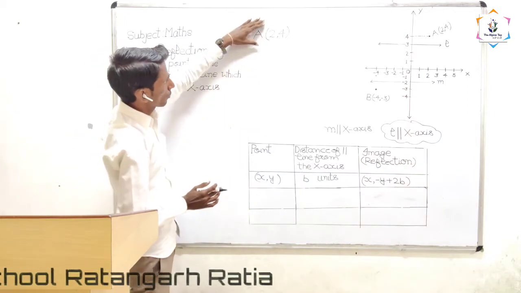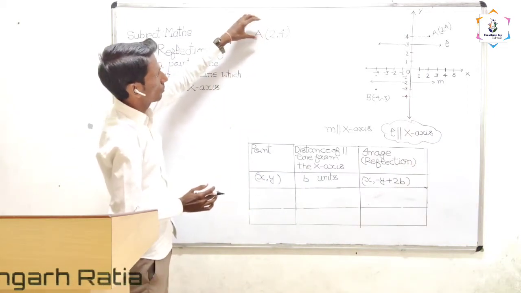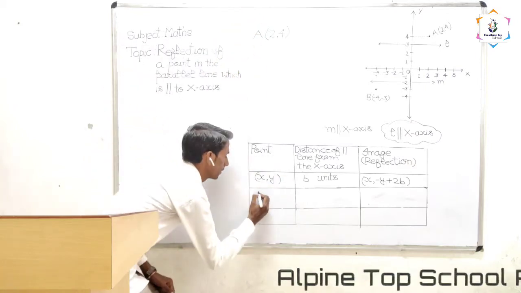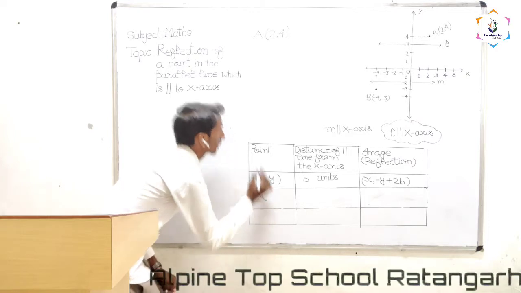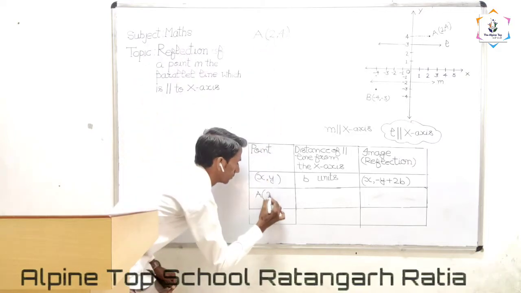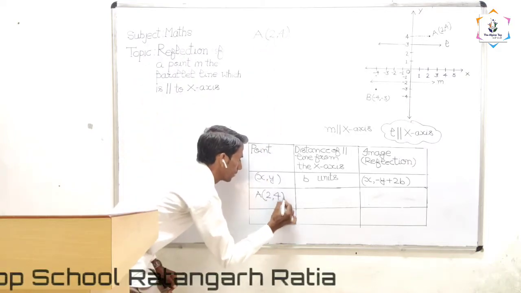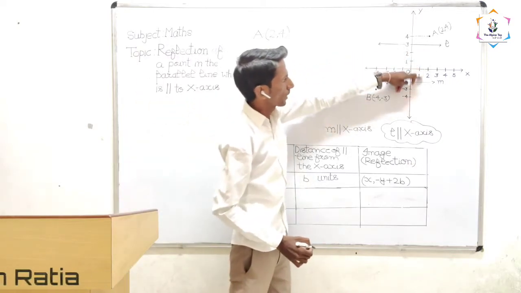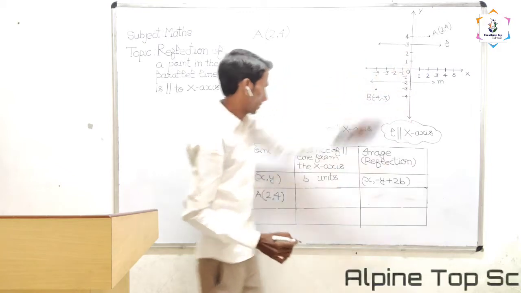So firstly, I want to write down the data in table form. What is the point we have? The point A whose coordinates are (2, 4). The distance of this parallel line from the x-axis is 3 units.